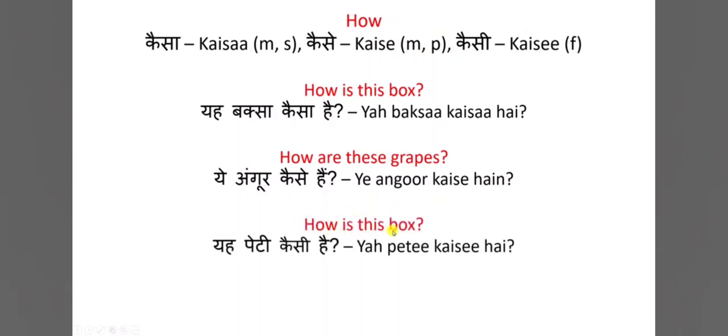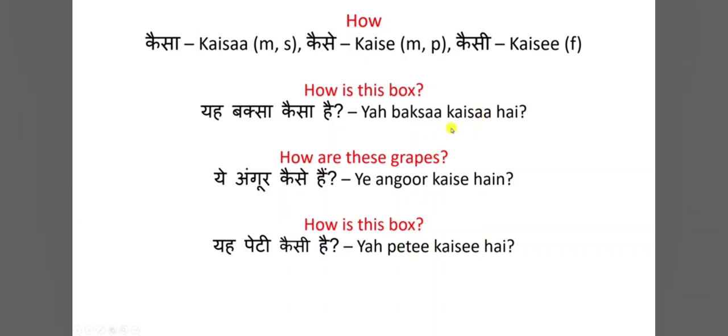How is this box? यह पेटी कैसी है? यह is this, पेटी is box, कैसी is how, है is. Now, if you look at this sentence and this sentence, everything except the word for box is same.